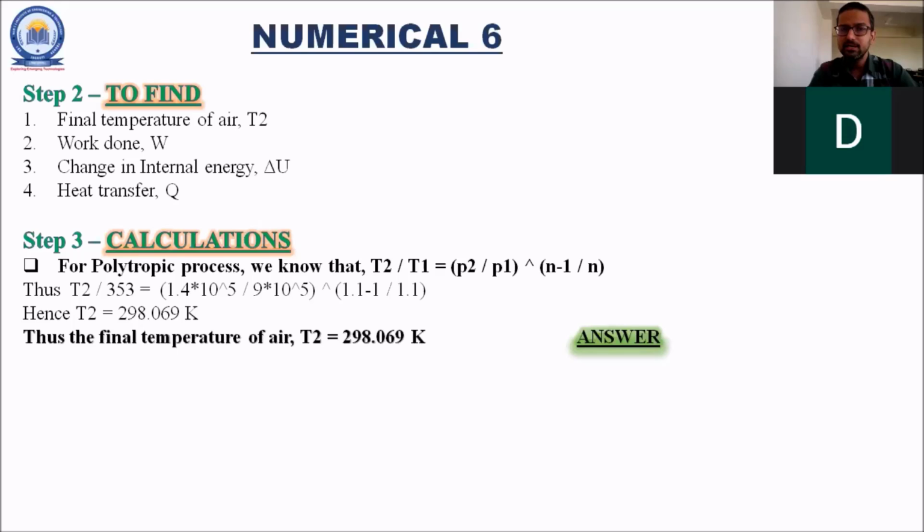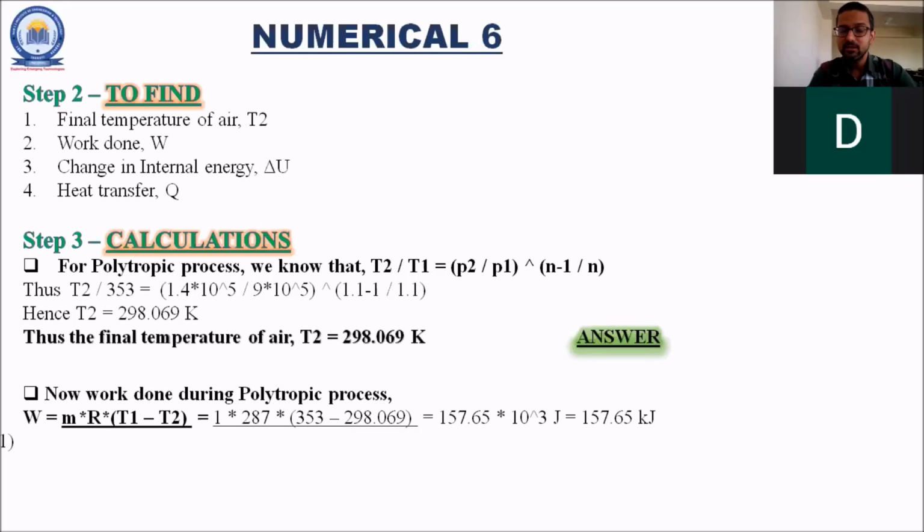Now we need to calculate the amount of work done for the polytropic process. So the work done during the polytropic process, W, is equal to mR (T1 minus T2) upon (n minus 1). How have we got this equation? We know the equation W is equal to (P1V1 minus P2V2) upon (n minus 1).